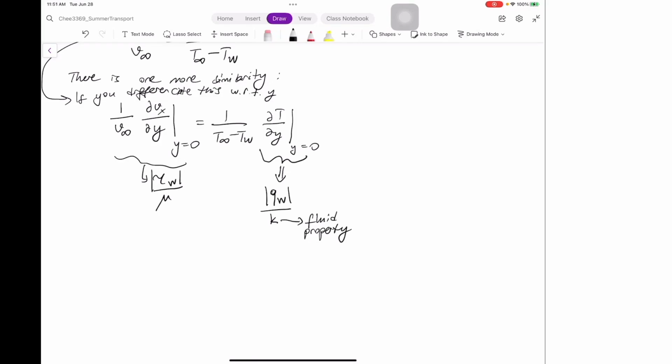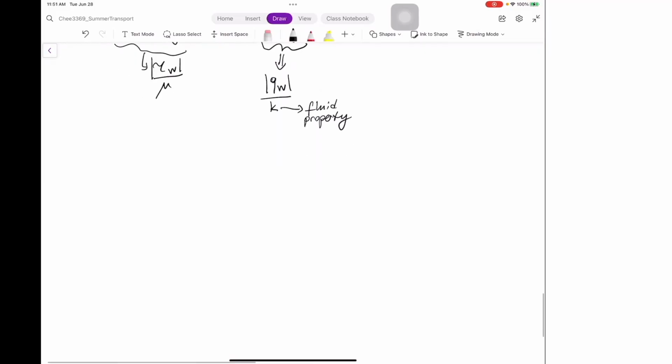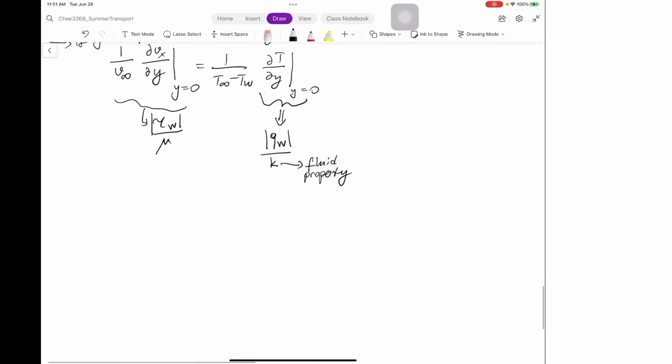Okay, it's not the conductivity of the solid that's in contact with it, because we're talking about how the temperature profile looks on the fluid side, right? Okay, so basically, the wall shear stress is similar to the heat flux at the wall, right?